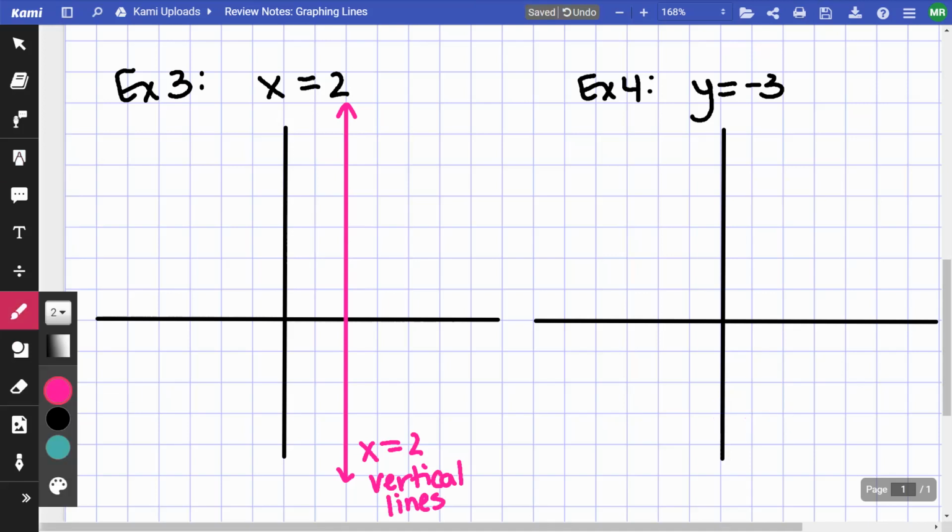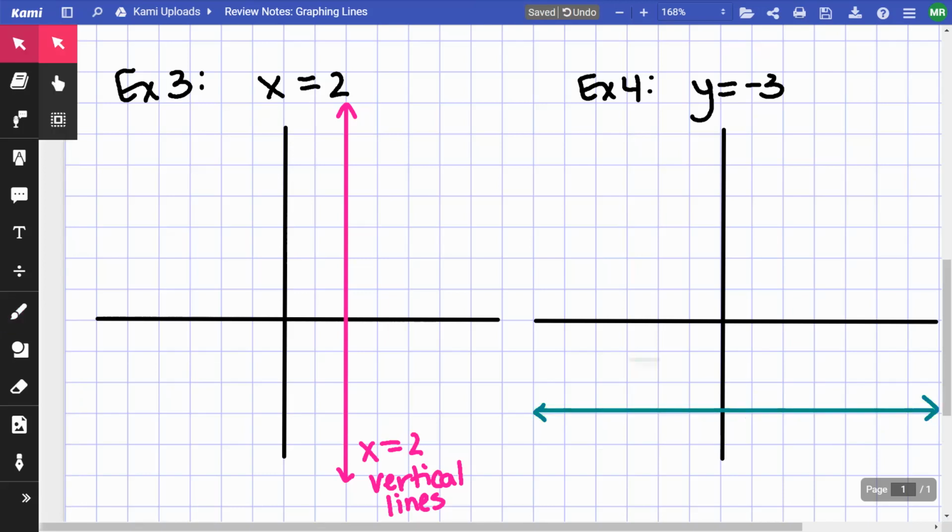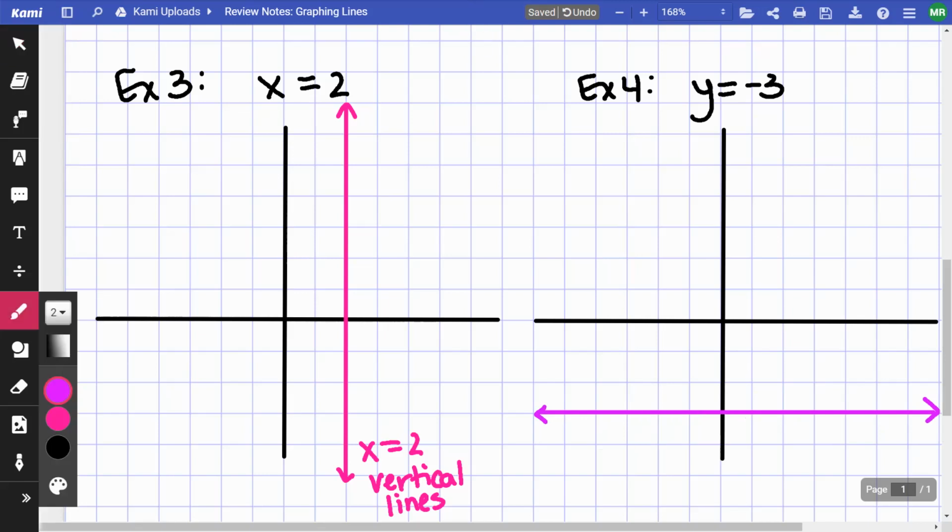So I'm going to have a horizontal line starting here where y is equal to -3. Move it down a tad. And so this is y is equal to -3, and this is a horizontal line.